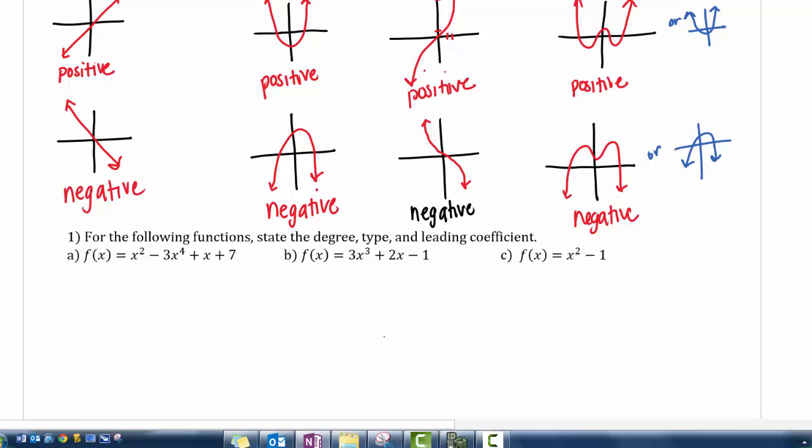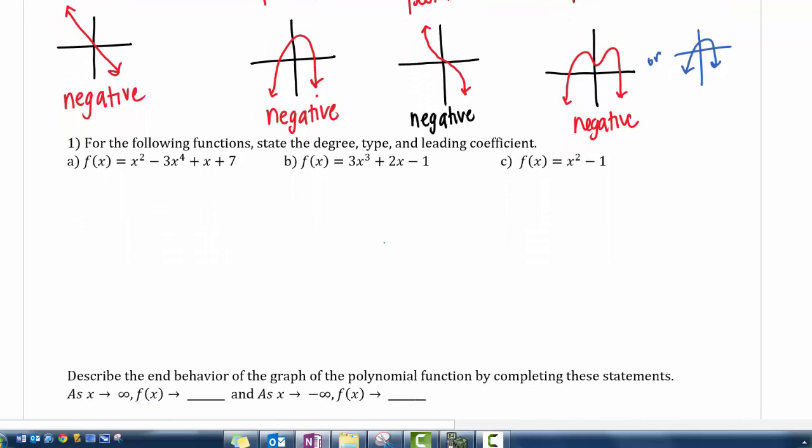Okay, so we have important pieces of equations that we need to be able to identify: the degree, the type, and the leading coefficient. So the degree is the highest degree exponent. So I'm going to rewrite this. So this x to the fourth is first because we want it to go from biggest to smallest. So -3x to the fourth plus x squared plus x plus 7. So the highest exponent is 4.